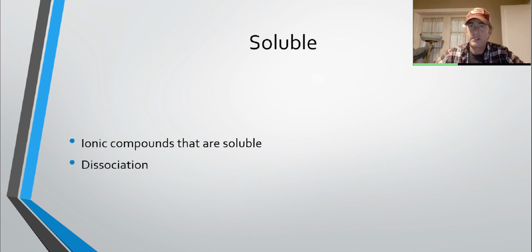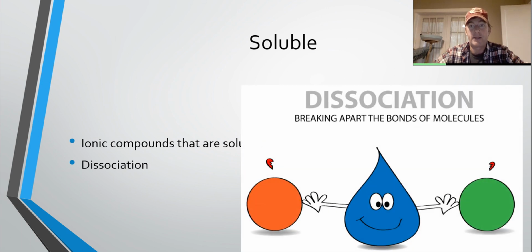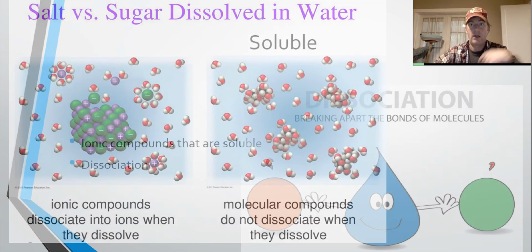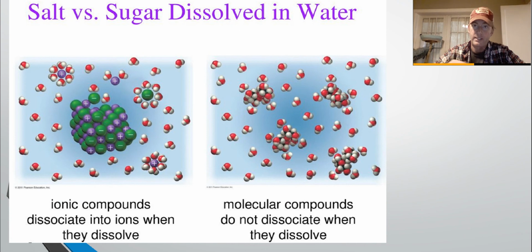Now, when we talk about things dissolving in water, what happens is they get pulled apart, and we've talked about that, and that is called dissociation. When they dissociate, they're getting pulled apart by the water. So we think about the idea that the water is separating those charges, the ions, out and getting in between them. Now, there's a difference when things dissolve.